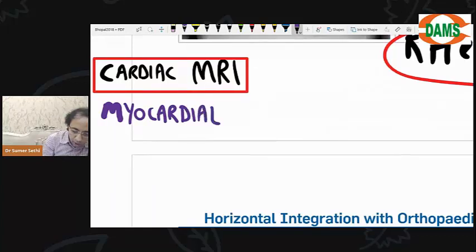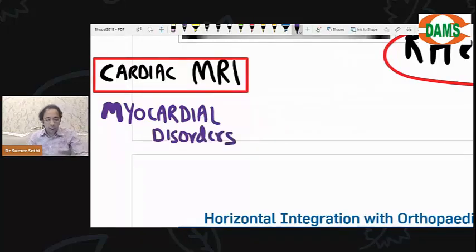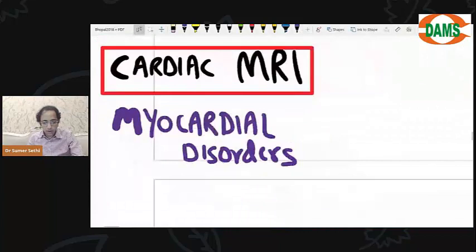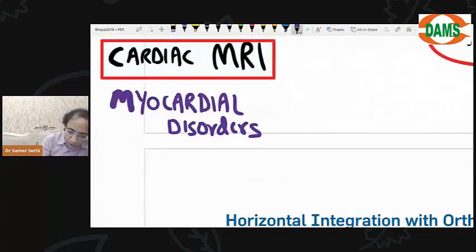Cardiac MRI is nowadays being used for myocardial disorders, which is very important today. You might not have known all this, but it's very important. Suppose you have a myocardial long-standing scar and you want to characterize it, you will do a MRI, myocardial scar.